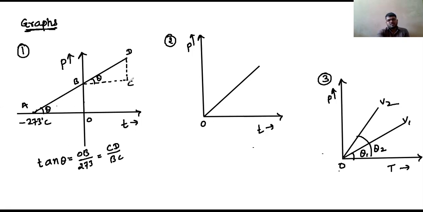Here also opposite by adjacent. So CD by BC. Next, if this is theta and you want the slope, it is very simple. That is delta P by delta T. Now delta P, not delta V here, delta P instead of delta V as in the previous case, because this graph is pressure versus temperature.